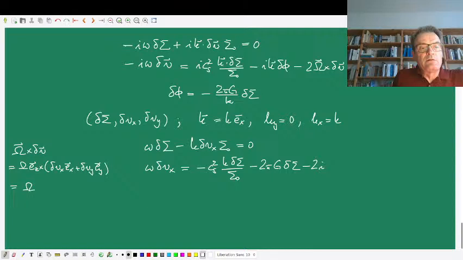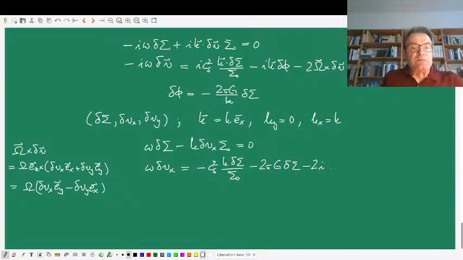So this is omega, now Ez vector product with Ex is Ey, so that's going to be delta Vx Ey. And here we have Ez vector product with Ey, that is minus Ex, so that's minus delta Vy times Ex. Now here I need the x component of that, so this is plus omega delta Vy. Now this is the x component of the Euler equation.